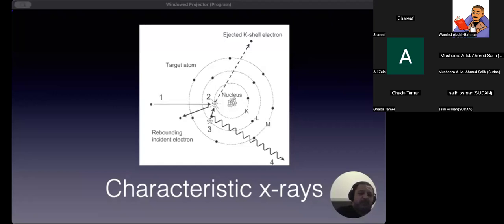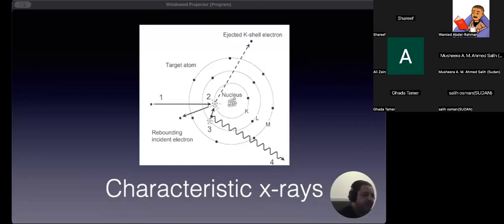And then a vacancy will be created. And we all know now, whenever a vacancy is created, relaxation of the atom will begin, meaning that electrons from higher orbits will come down and fill that vacancy in a lower orbit.